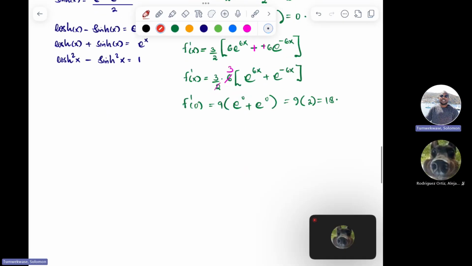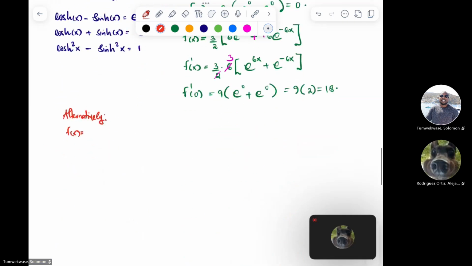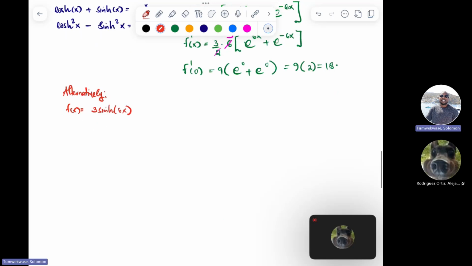Alternatively, if I have my f of x as 3 sine hyperbolic of 6x, the derivative of sine hyperbolic is cosine hyperbolic, but I have a 6x here, so I'll use the chain rule as usual.